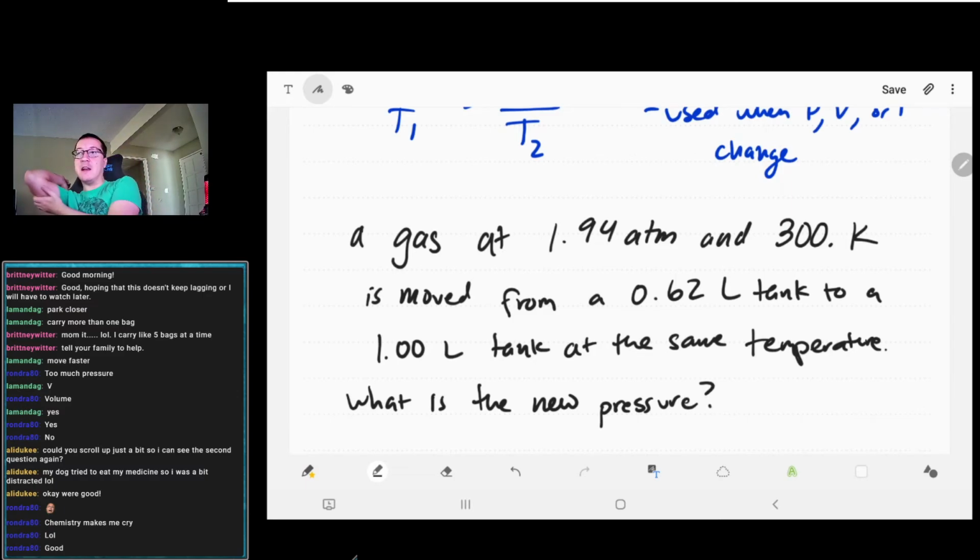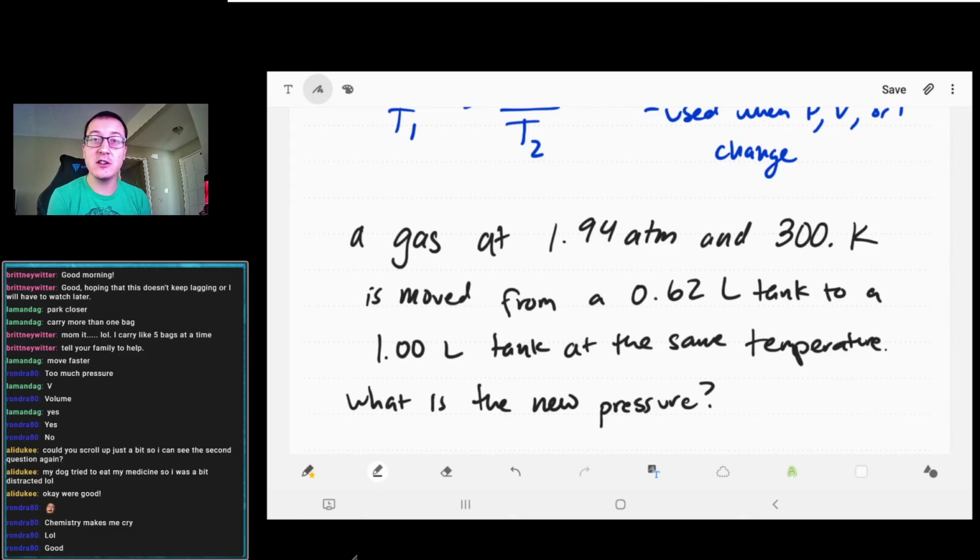And we would be asked, okay, so we see that we're changing something. We're changing the volume here. And so we're asked what the pressure is going to change as a result. And we're given a temperature that's not changing. But it could change, does not matter.